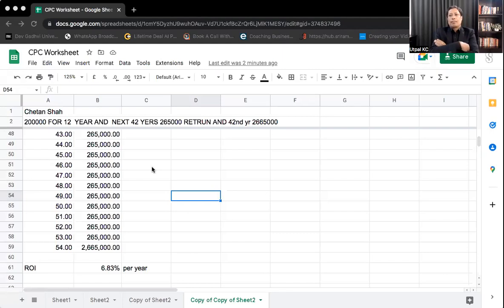Understood? Because home loan rates are very high. If you are not sure you'll be able to make significantly higher than whatever rate you are paying, then repay the home loan. Very simple.